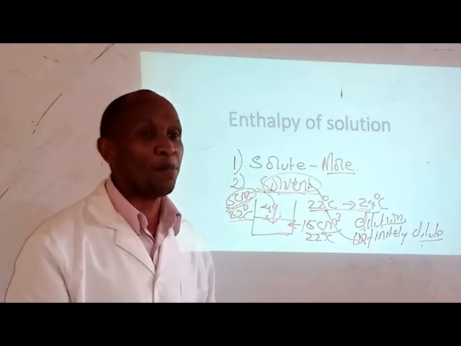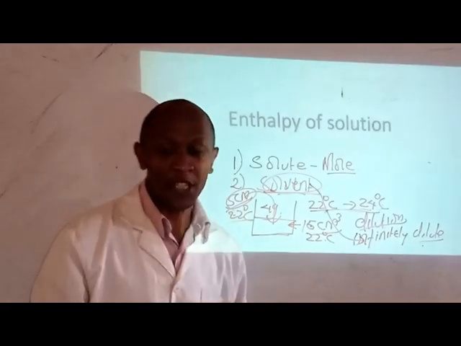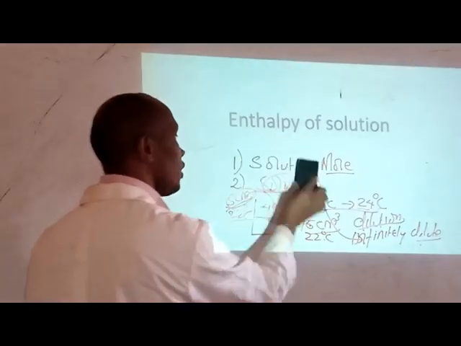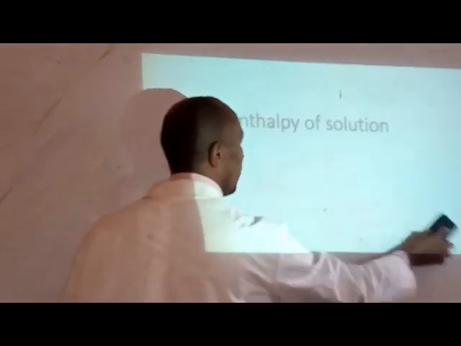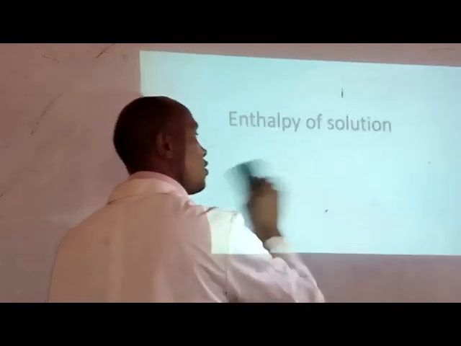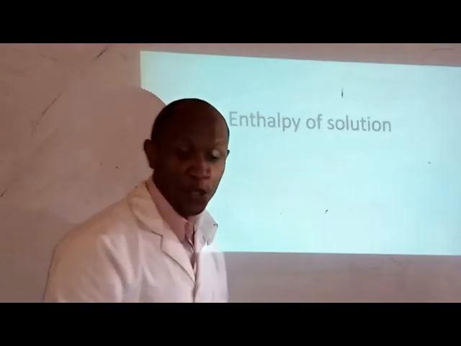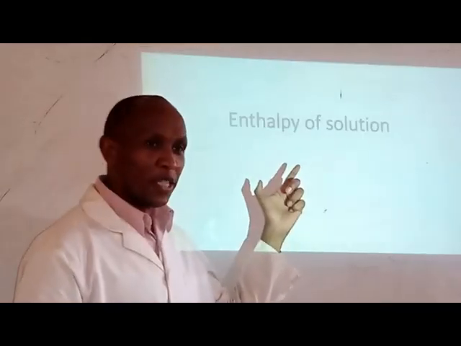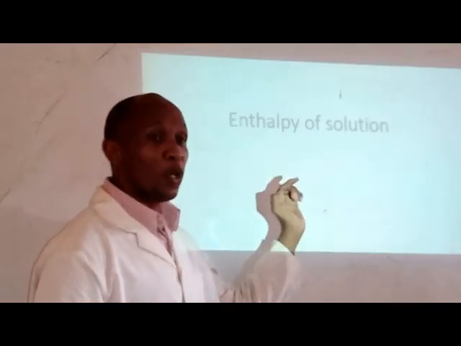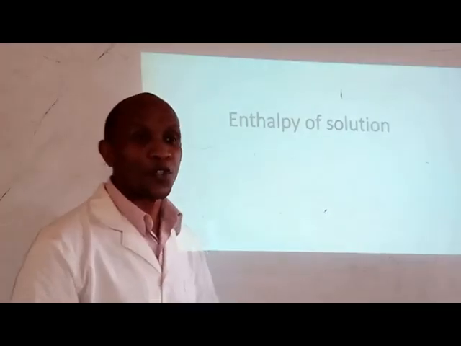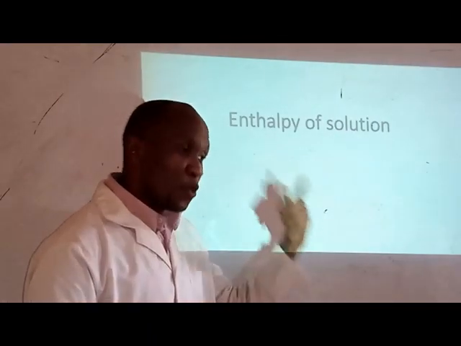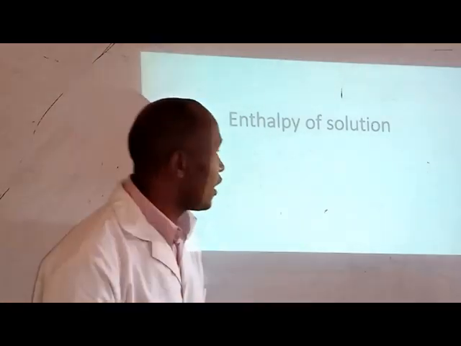So what becomes our definition of the enthalpy of solution? You must remember to include two things: the amount of solid that you are dissolving, that is the solute, and the amount of solvent that you are going to use. And what is the amount of solvent? So much that you get an infinitely dilute solution.